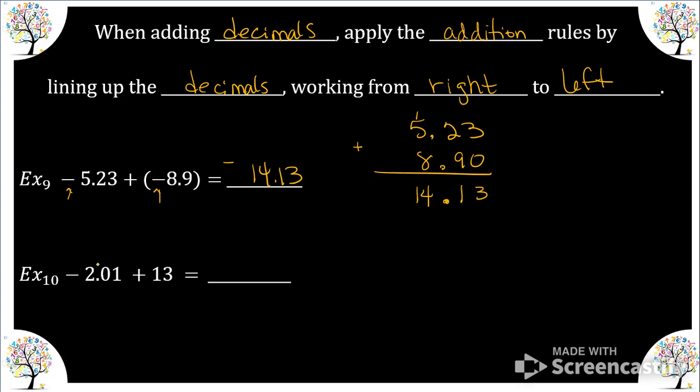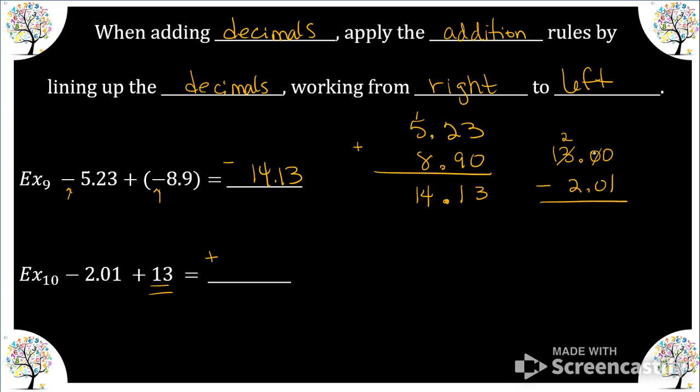Number 10, we have a negative added to a positive. So we're going to subtract and take the sign of the one we have more of. 13, I'm going to put on the top, 13.00. I'm subtracting because signs are different. My answer is going to be positive because we have more positives, so I can go ahead and establish that. Now we are going to have to borrow all the way across to the 3, borrow, make that a 2.